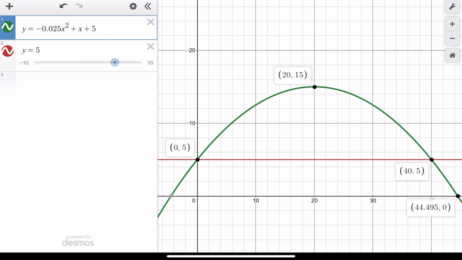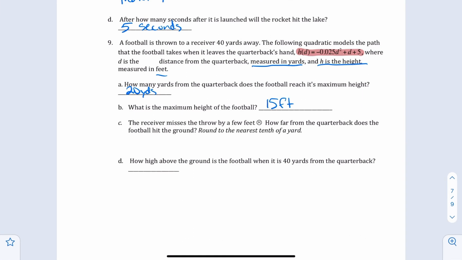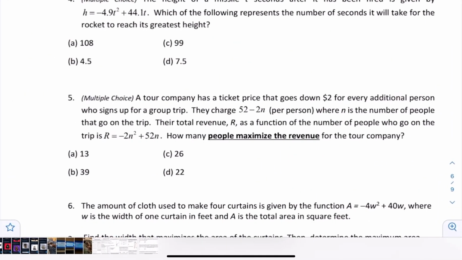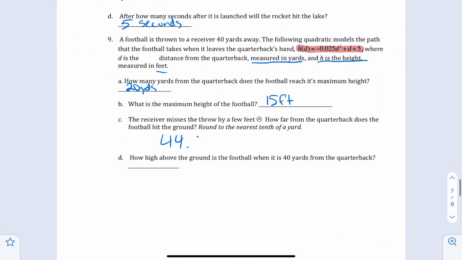It says to round to the nearest tenth, so that's 44.5. I'm sorry, yards. 44.5 yards away.